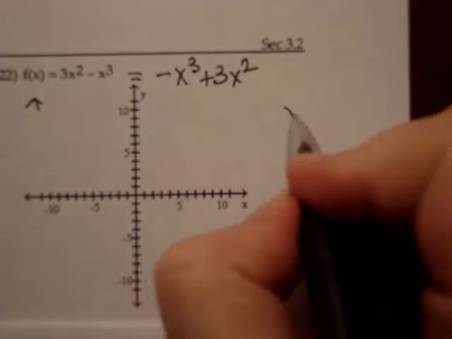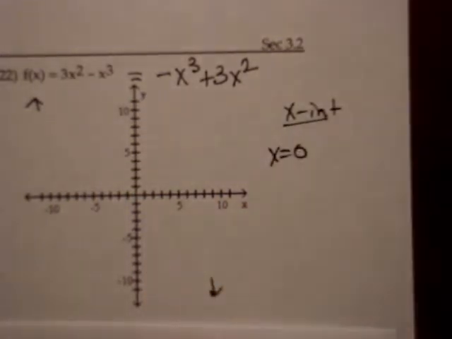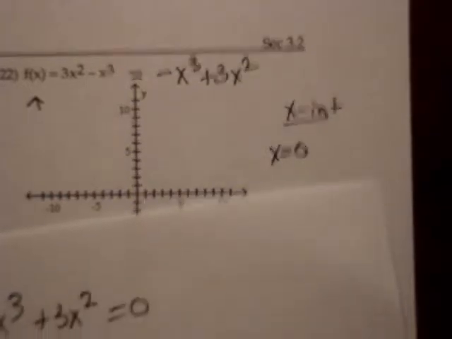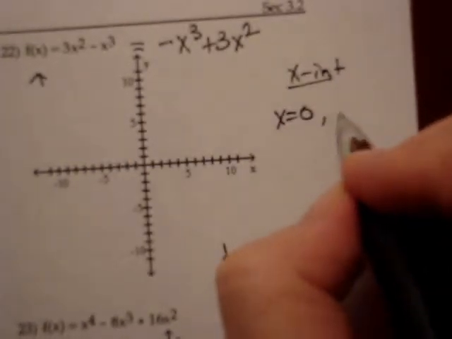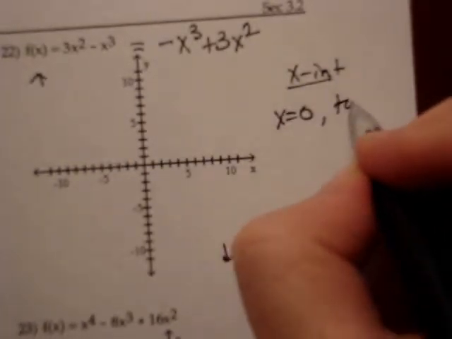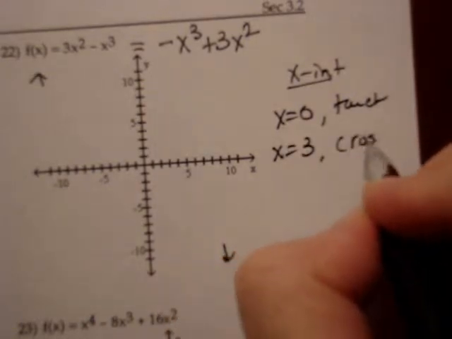I get x equals 0 from the x squared factor, and since it came from a factor with an even exponent on it, it's going to touch. Then I get x equals positive 3, and it's going to cross.